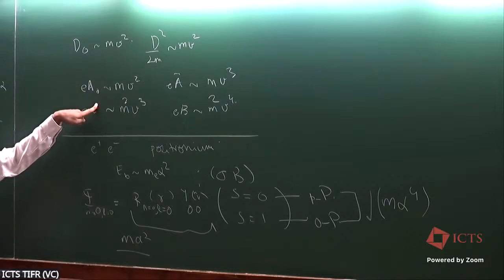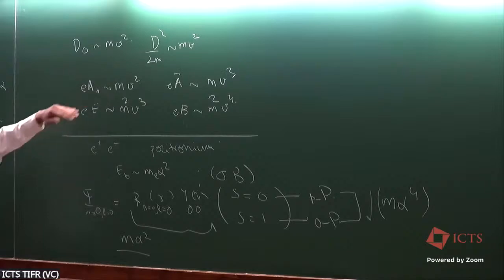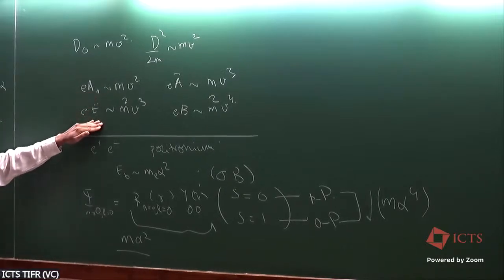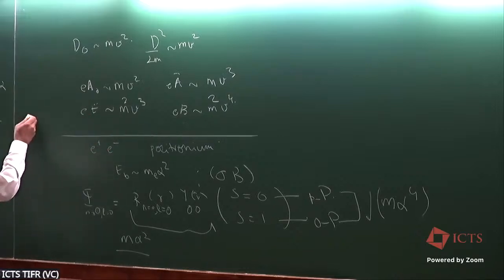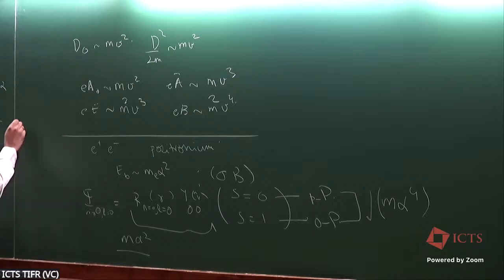This is the potential energy. So kinetic is similar to potential due to the virial theorem, m v square. Then E is the gradient of A0. So that's m v squared, because x is of the order of 1 upon m v.